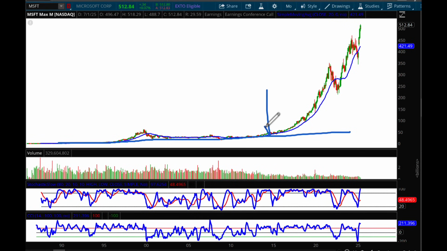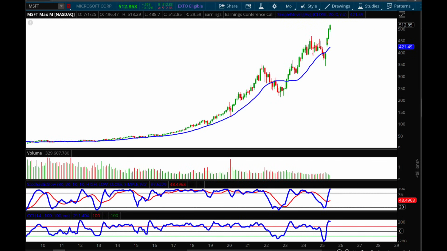But right around 2014, 2015, the angle starts to accelerate. When you see that, you'll notice the buyers are getting more motivated, and the angle at which these lows are connecting increases. You see that?